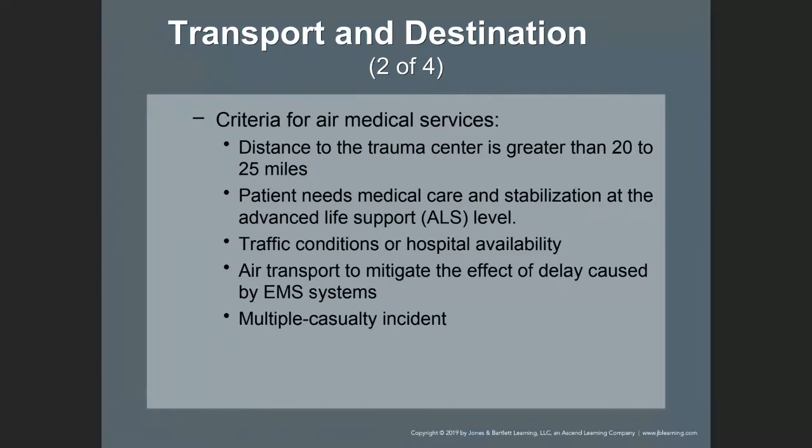The patient needs medical care and stabilization at the advanced life support level. Traffic conditions or hospital availability is an issue. Air transport to mitigate the effect of delay caused by the EMS system. So because you were delayed on scene, you may have to request air transport. If you have a multiple casualty incident, then this might be a criterion for air transport.